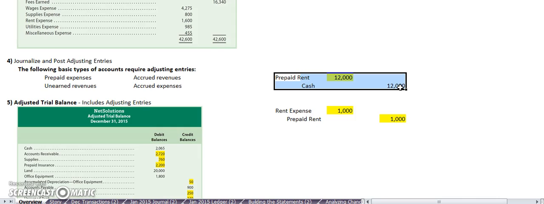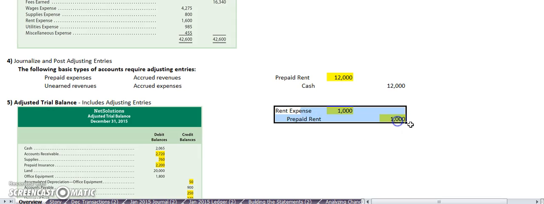So the initial entry usually comes with some sort of document that alerts you to journalize this entry, right? But the subsequent entries, the adjusting entries, are recorded due to the passage of time or usage, and there's no document that comes with that. So you must remind yourself to post those entries.